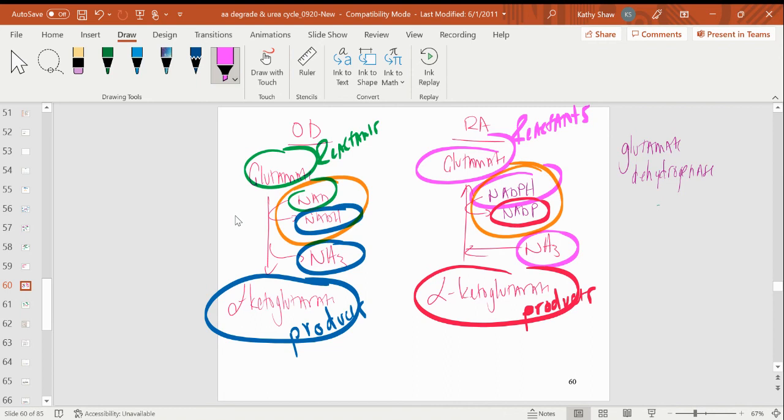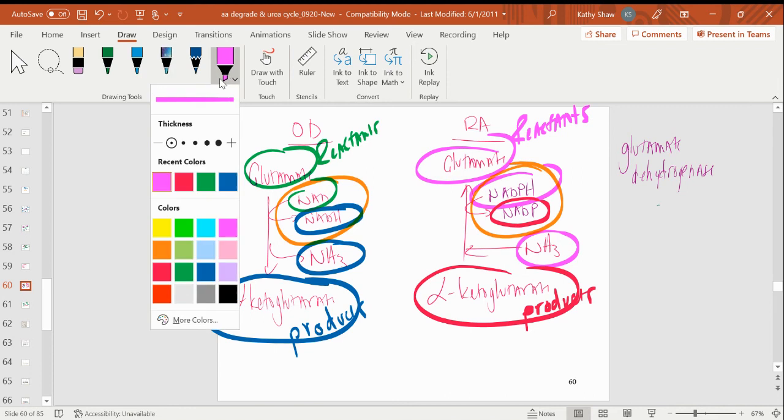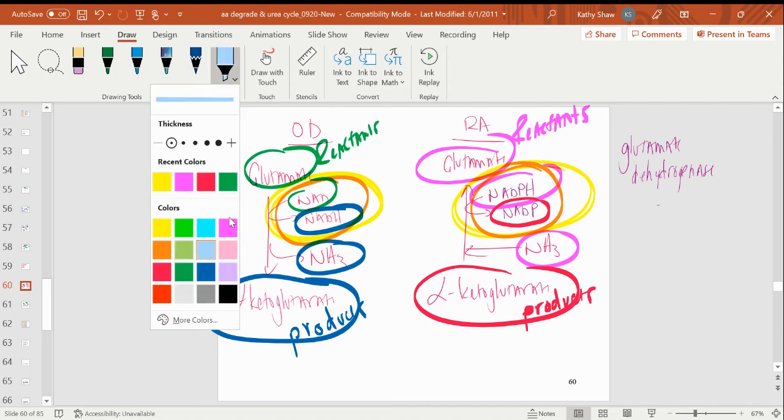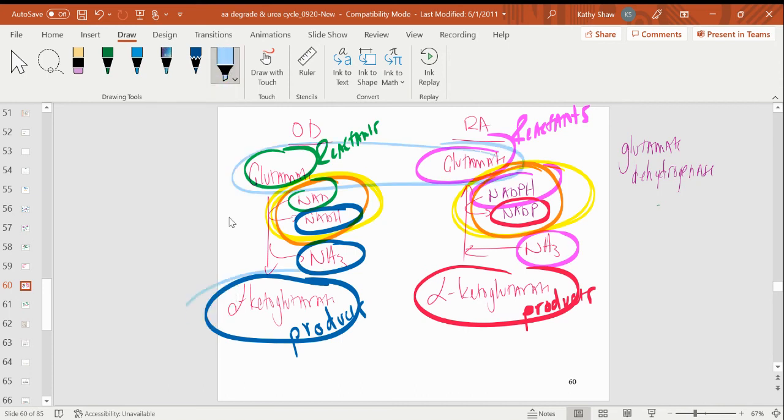So what everybody will be looking for there is two things when we give you this kind of question. One is, do you know what's going on with your NAD stuff? Which one goes where and which direction are you going? The other one is, do you know what's going on with your direction with alpha ketoglutarate and glutamate? So make sure you're really solid with the comparison. They're not reversible.